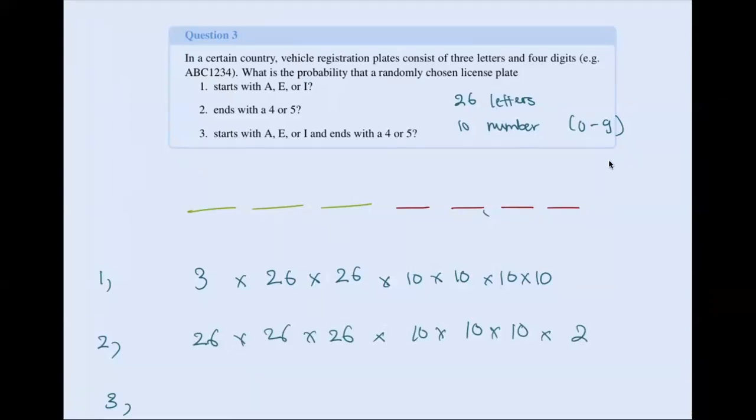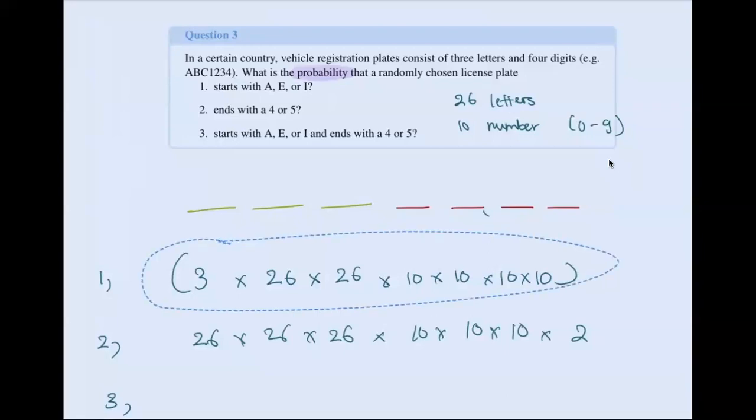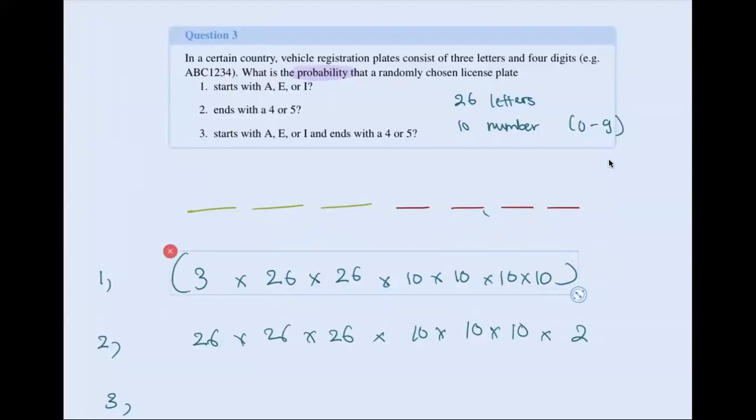We need to divide by S. Oh, yeah, you're right. I missed that. I missed the probability. You're right. So every answer that I wrote here, I have to divide by the cardinality of the sample space. And what is that?